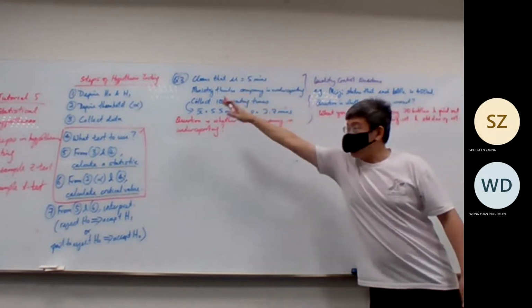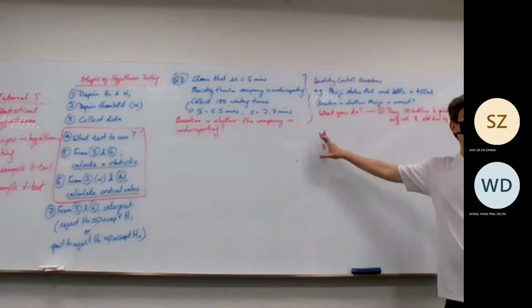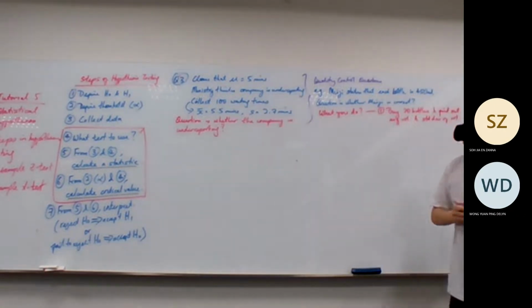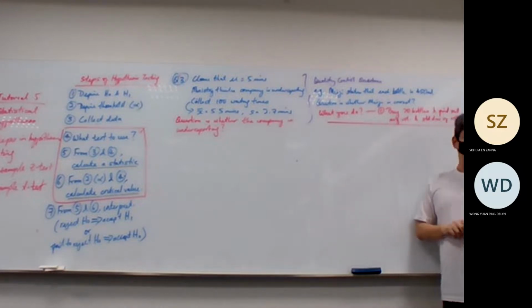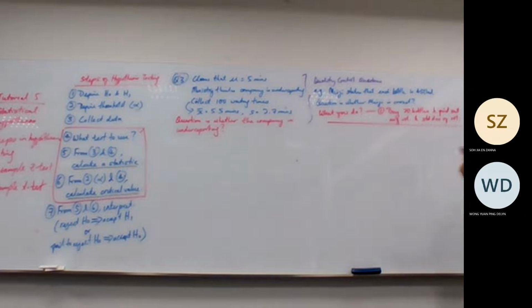Then you calculate everything else, following what we are going to do here. So these are all the quality control type of questions. In fact, your tutorials 5, 6, 7 will come back to this type of question again. So let's see, how are we going to do this?